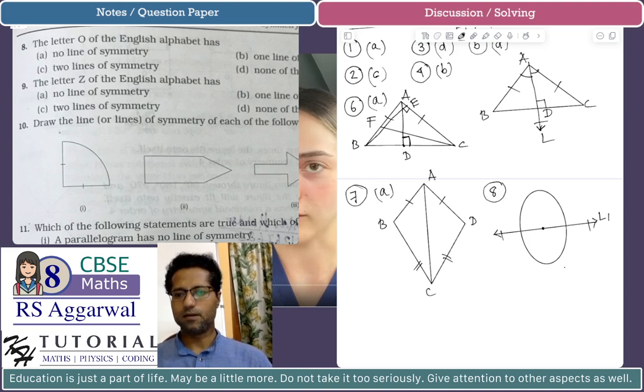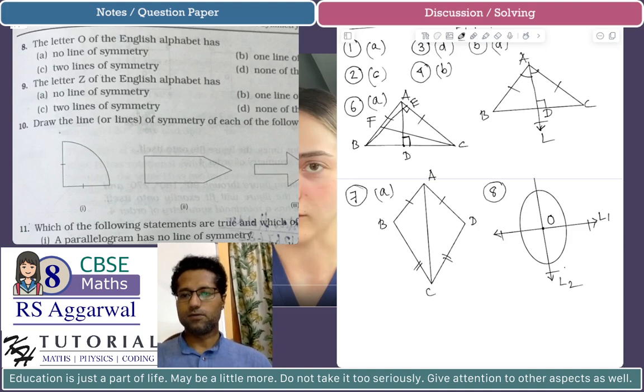If you consider the letter O as an ellipse or an oval, with center O, a line L1 which is horizontal and passes through the center O will be a line of symmetry, and the other line of symmetry will be a line L2 perpendicular to L1 passing through O. Definitely L1 and L2 are perpendicular to each other.